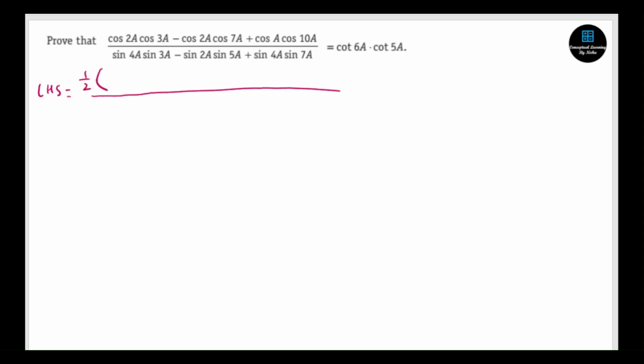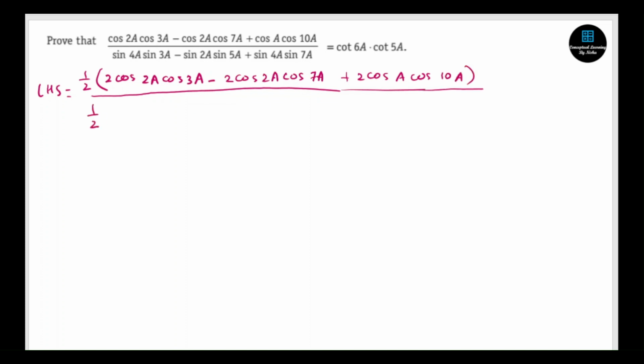Okay, so 1/2 and then I'll write 2 cos 2a cos 3a minus 2 cos 2a cos 7a plus 2 cos a cos 10a over, again the same thing, 2 sin 4a sin 3a minus sin 2a sin 5a.